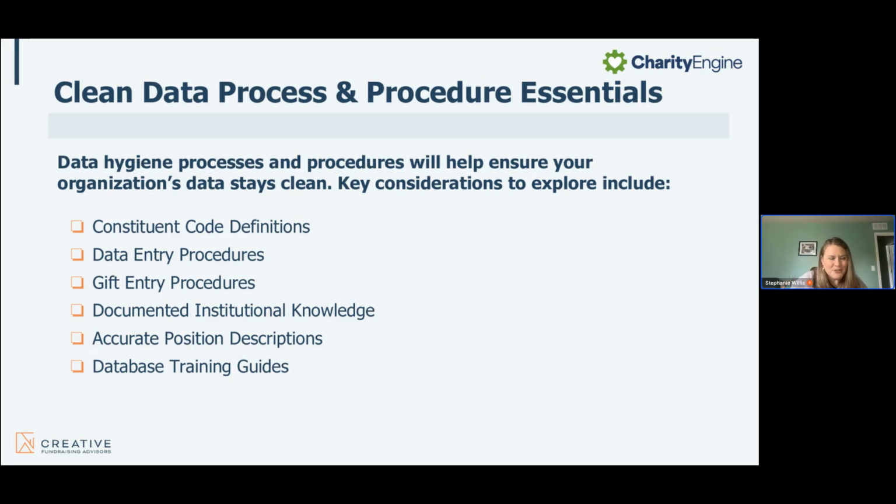Accurate position descriptions. So this is not necessarily a process and procedure, but maybe you wouldn't be shocked. There are so many times when I will look at a job description for somebody who I'm working with, and it's maybe half accurate. And they're like, I don't do this. Or, yes, I'm supposed to do all this, but I have no time.